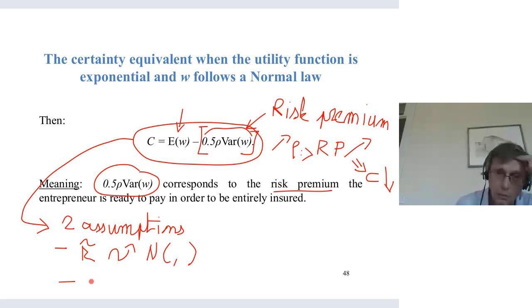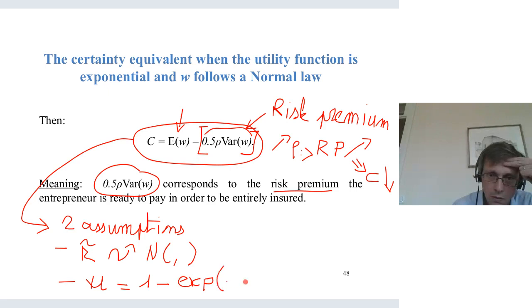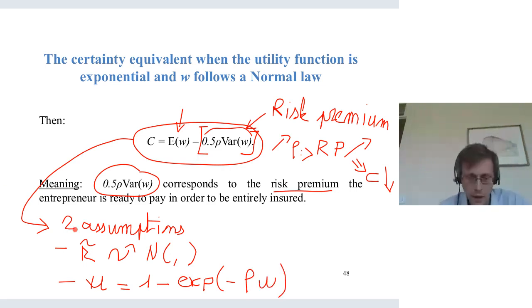The second assumption is that the utility function is exponential. If these two assumptions are satisfied, then there is one simple expression for the certainty equivalent. Otherwise, it is more complicated to find the expression of the certainty equivalent. So this is why we are considering these two assumptions.